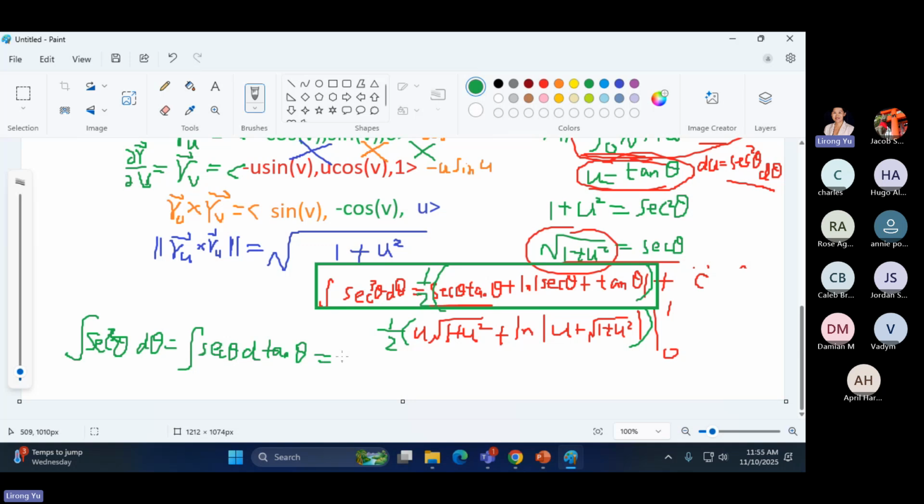If you do integration by parts, it will equal secant theta tangent theta minus the integration of tangent theta times secant theta tangent theta. And then right here, if we reduce this one, we're going to see secant cube again.